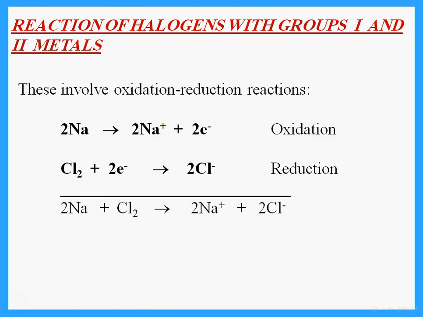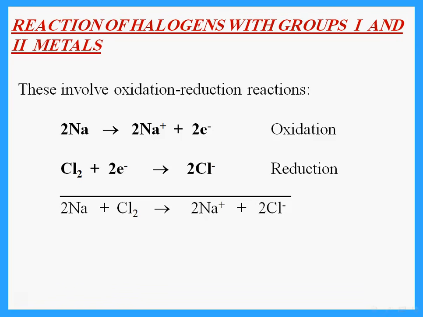Another reaction of halogens is, we know that halogens are reactive nonmetals, so they will react with group 1 and 2 metals to form ionic compounds. And again, this is an oxidation reduction reaction because the metal, group 1 or group 2, will lose an electron. The halogens gain electrons.